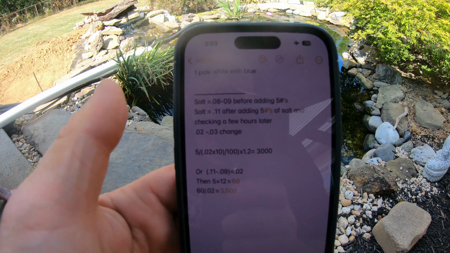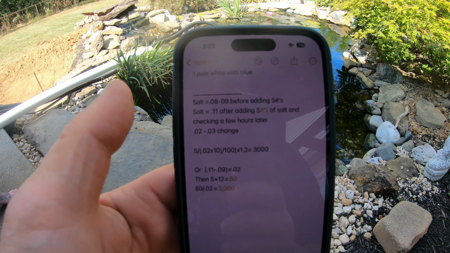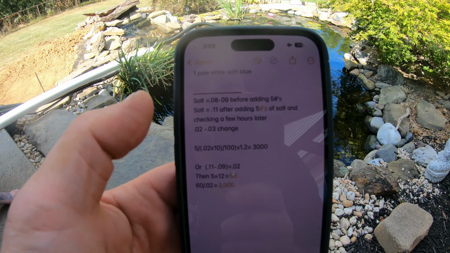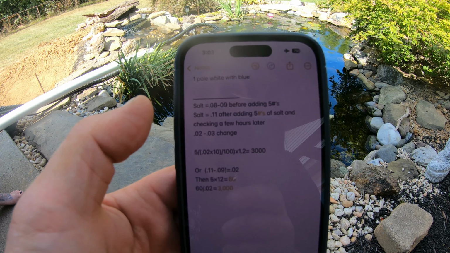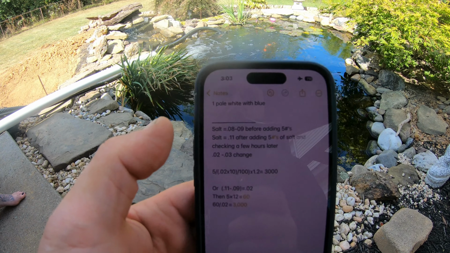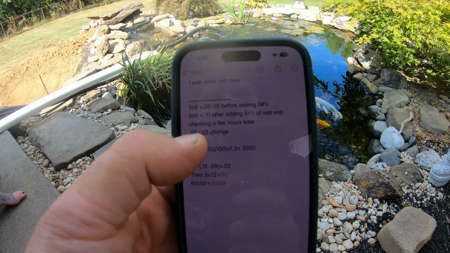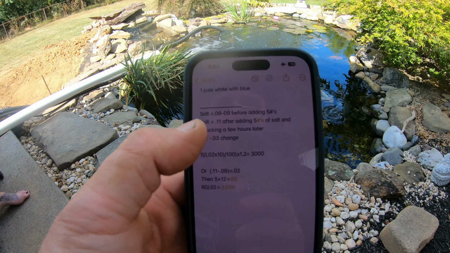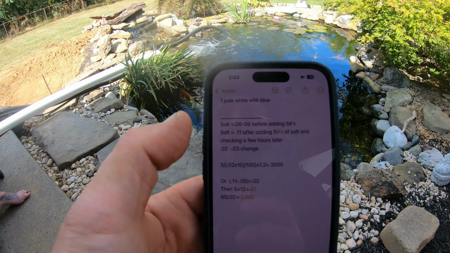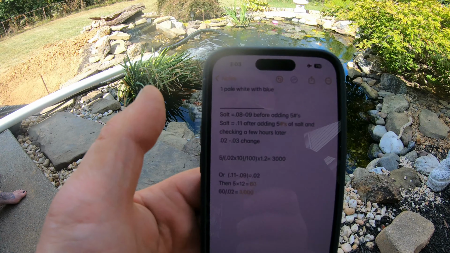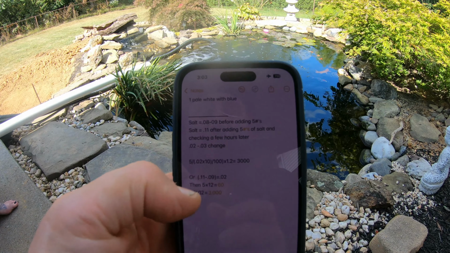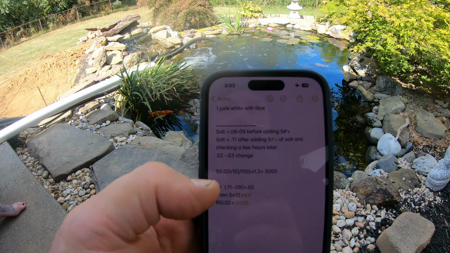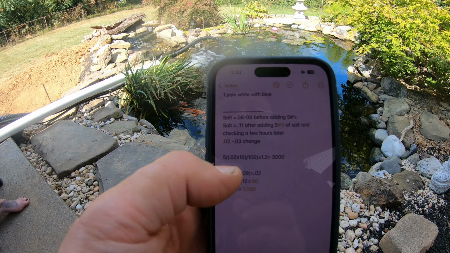After adding 5 pounds of salt, we got a 0.11 measurement after a few hours. We'll try this again tomorrow just to make sure. We saw a 0.02 to 0.03 change, but again, I took the smaller value that would technically make my calculated volume a smidge less, but the numbers are really negligible.